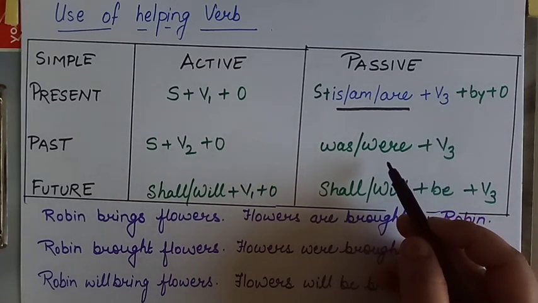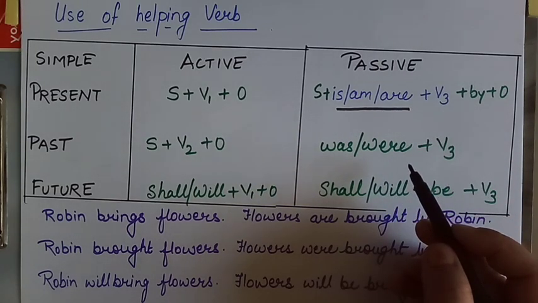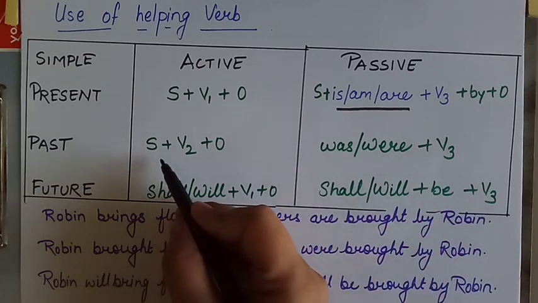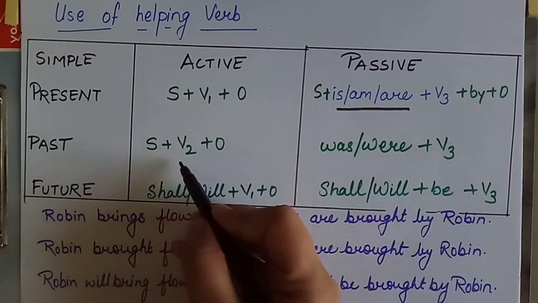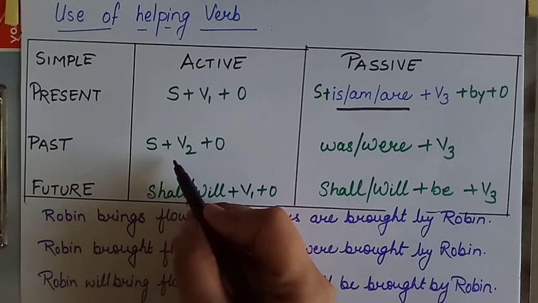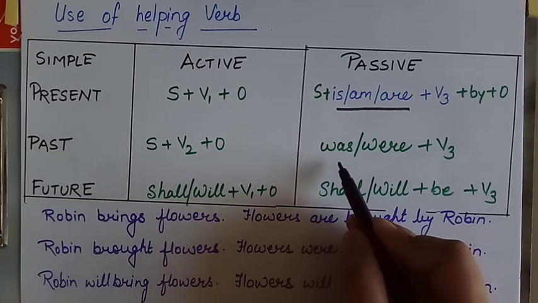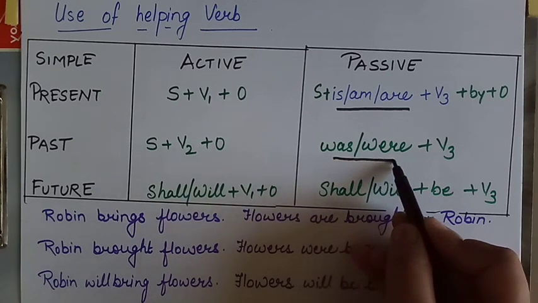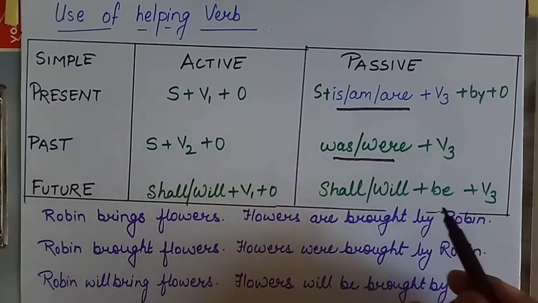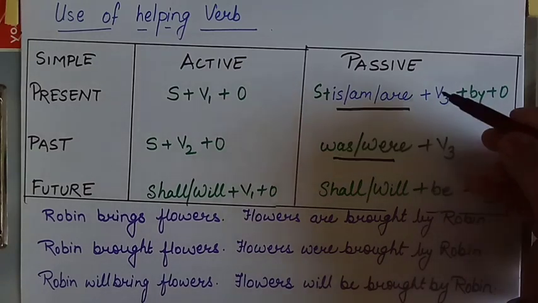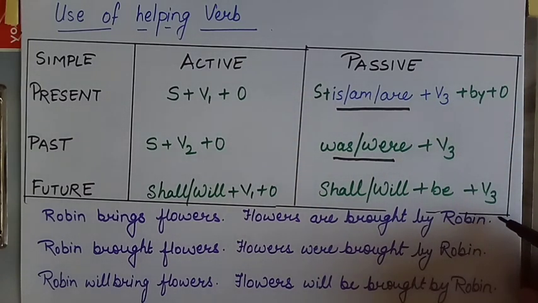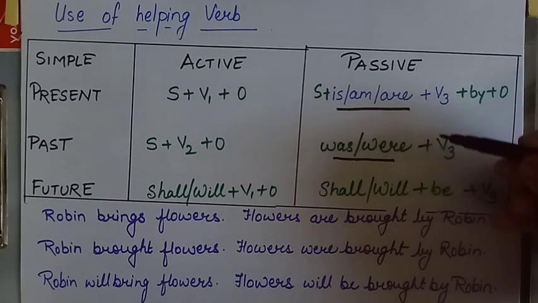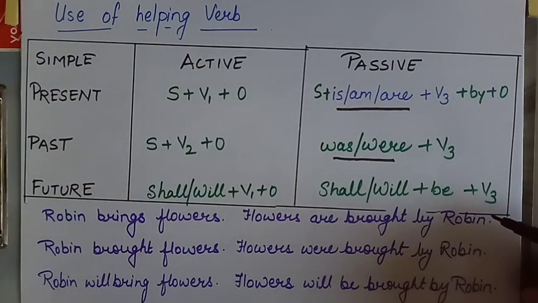Similarly, when we talk about past tense, how will you understand it's a past tense? When you see verb second form. So when it is a simple past tense, the helping verb will be either was or were. Once again, verb third form is common in all passive voice.